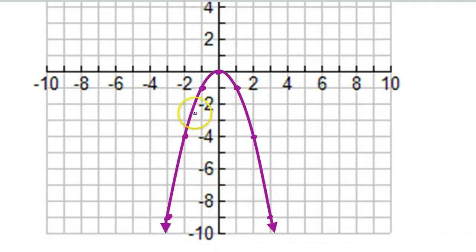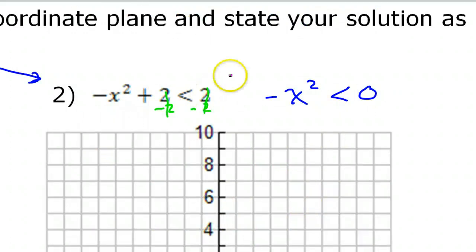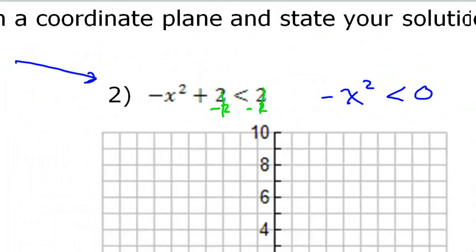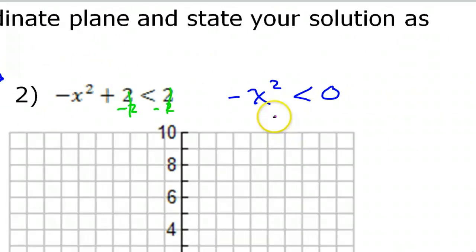Now again, is this a problem where I'm going to be shading either inside or outside the parabola? No, there's no y value. Okay, there's no y. So when there's no y, there's no shading. If it's all x's, that's when it's going to be a number line situation. So that's what this is, another number line. So we look at this and we ask ourselves, where is the function less than 0?